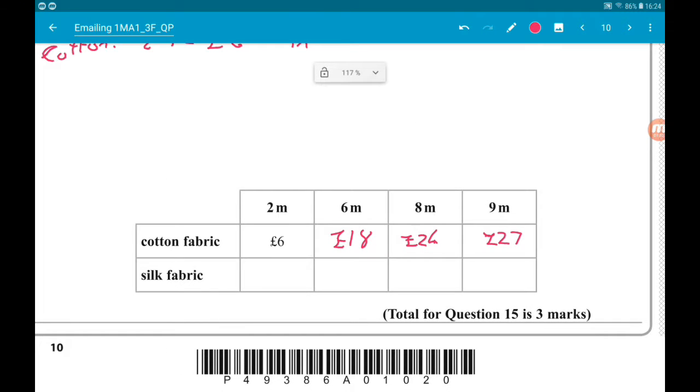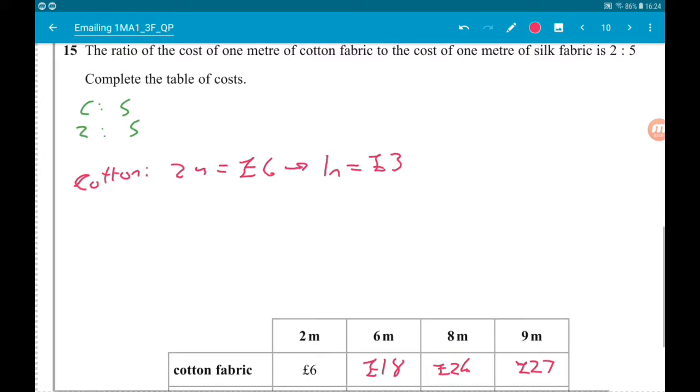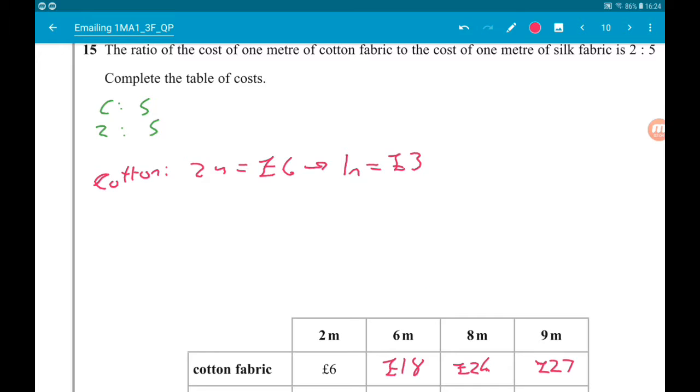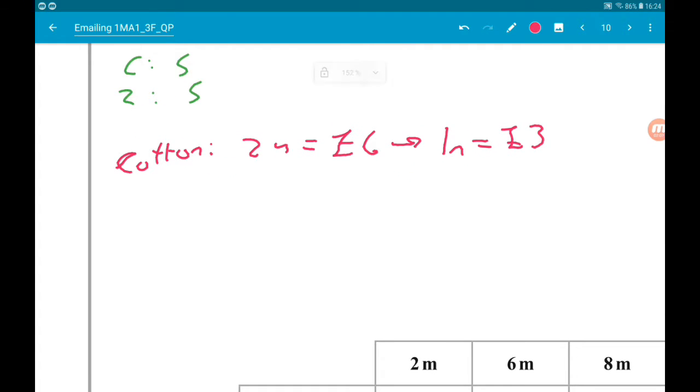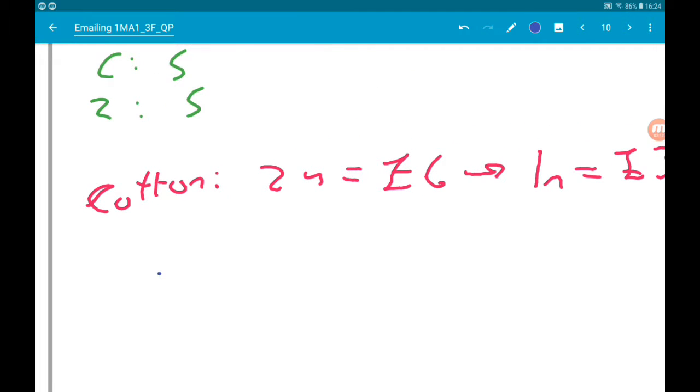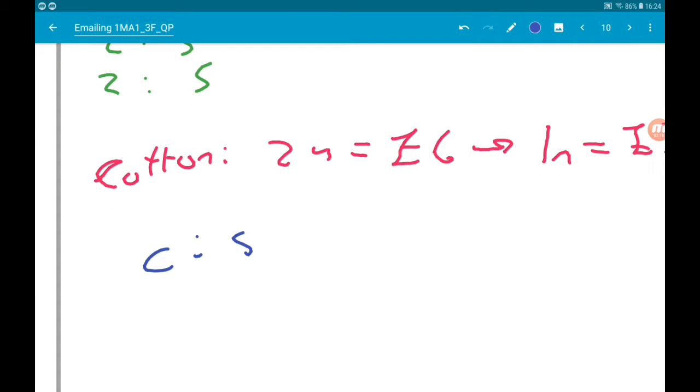Now, what we need to do is work out how much 1 meter of silk would cost. So again, if we play around with the ratio, so we know cotton to silk is 2 to 5. Now that's for 1 meter. So that's saying for every £2 that cotton costs, the silk would cost £5.